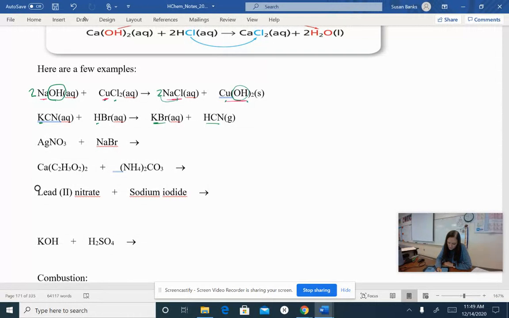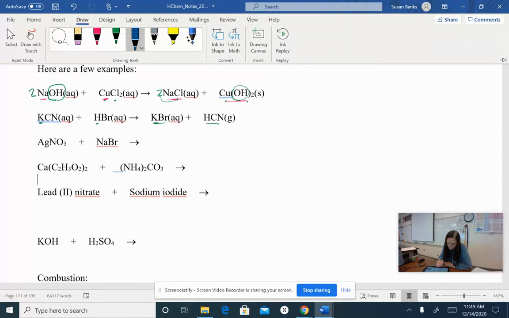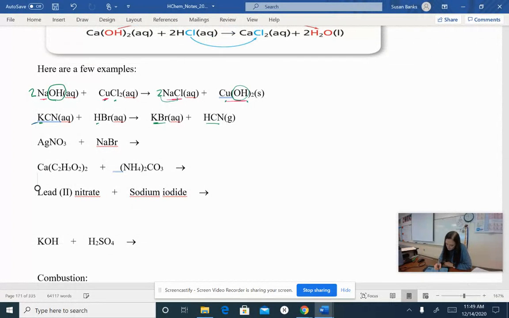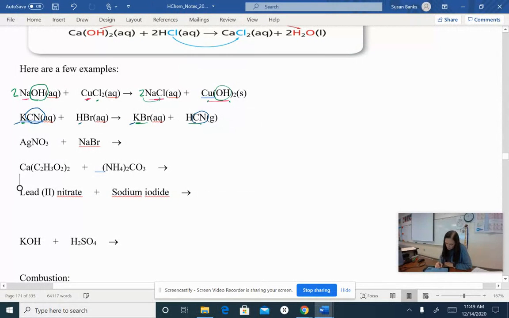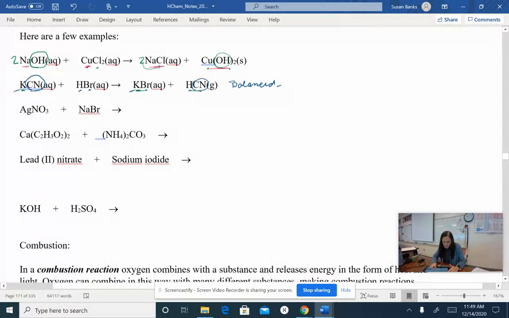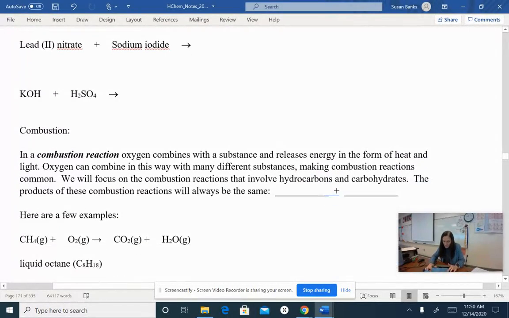So let's balance this. 1 potassium, 1 potassium. I'm okay. 1 cyanide group. Notice it's a group, and 1 cyanide group. I'm good there. 1 hydrogen here, 1 hydrogen here, 1 bromine here, and 1 bromine here. Sometimes things are just balanced the way they are. Okay? We are going to do this next one next time.